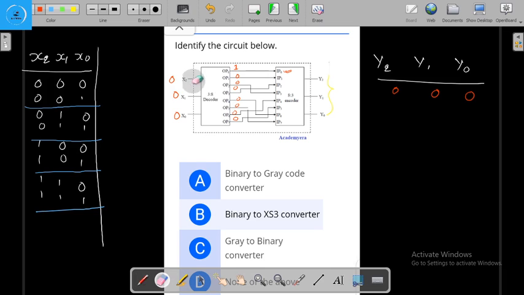For 0 0 1, output 0 will be 0, output 0 will be 0, and output 1 will be 1, and the rest all will be 0. So here input 1 will be activated, so the output will be equal to 0 0 1.